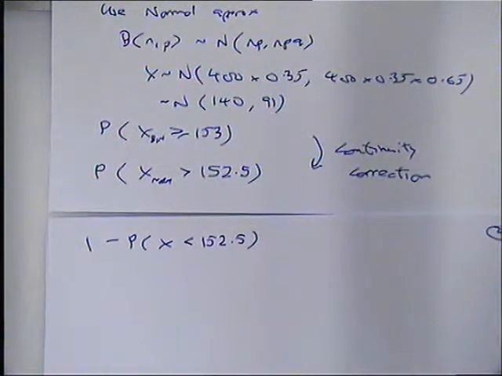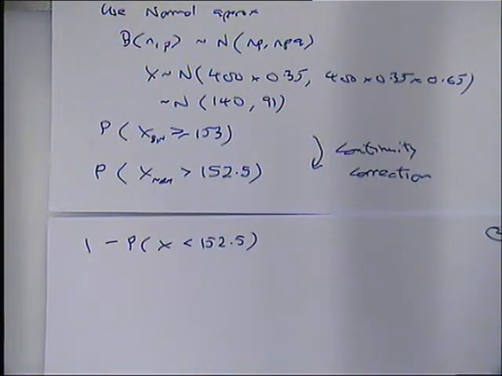If you used your calculator with the binomial, you would stick with 153, because you're not approximating by a continuous distribution, so you just keep it in there. It will be interesting in a minute to see what your answer is for the binomial compared with the normal approximation.